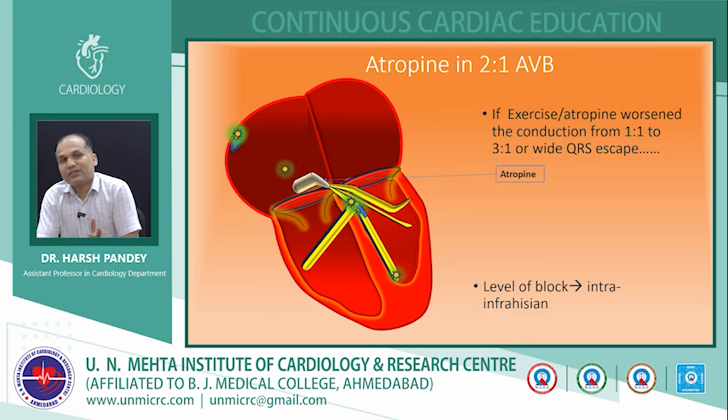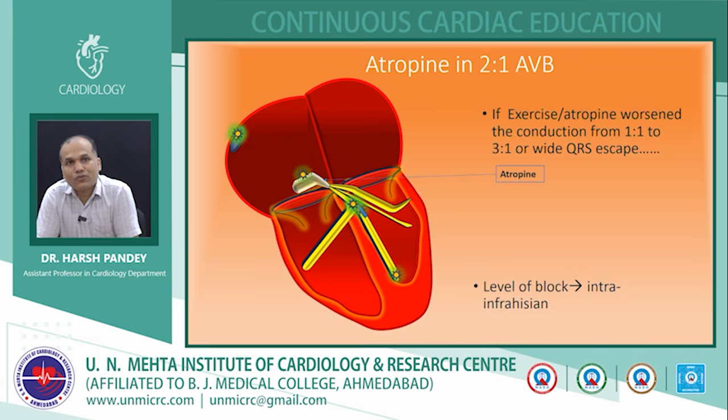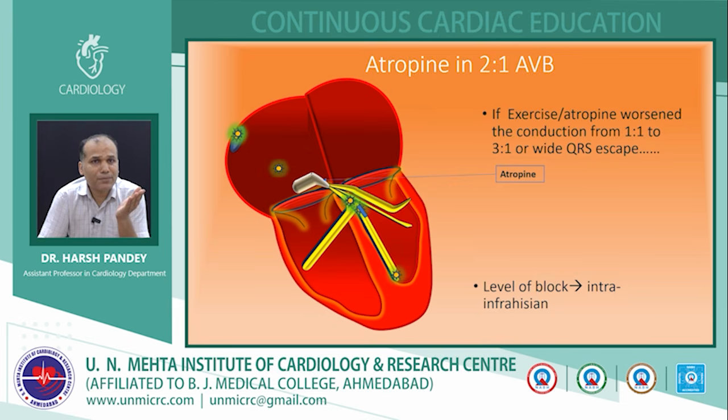Suppose you are doing the opposite thing. You are giving a carotid sinus massage or some vagomimetic drugs. So what will happen? Once you give carotid sinus massage, the parasympathetic activity will become high. The AV node now becomes refractory to conduction because of the parasympathetic effect. Because AV nodal refractoriness is increased, a lesser number of impulses will travel towards the His Purkinje system.